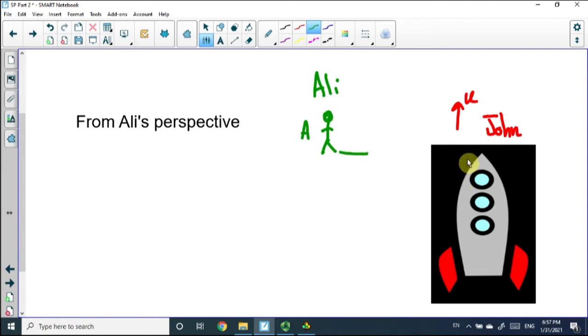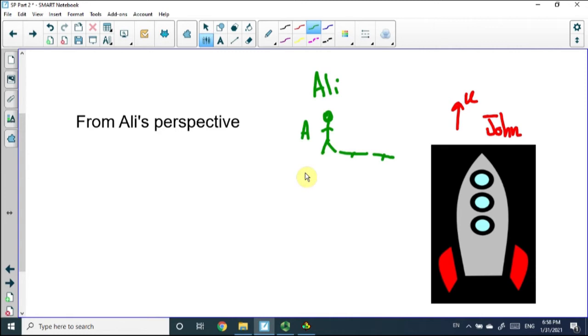Now, as the spaceship moves upward, finally the backward side or the bottom side of the spaceship will pass Ali's foot again. Now notice that for Ali, the beginning of the event and the end of the event both happen at the same location.